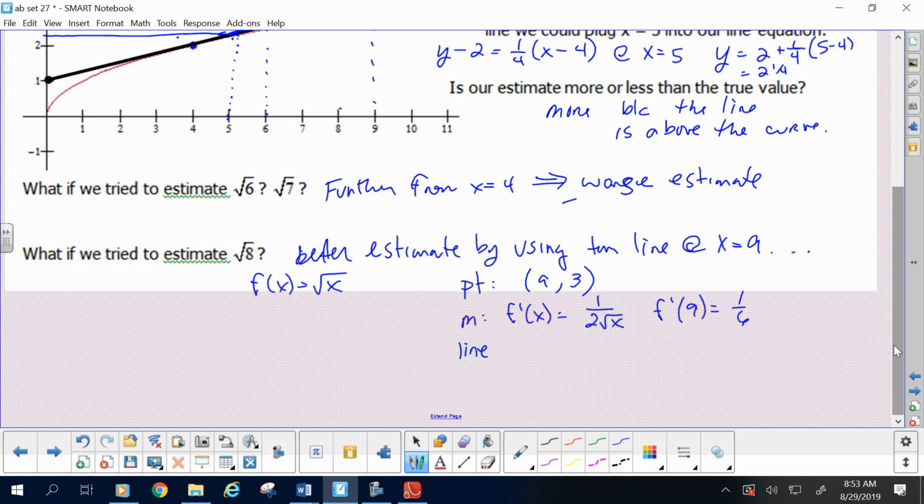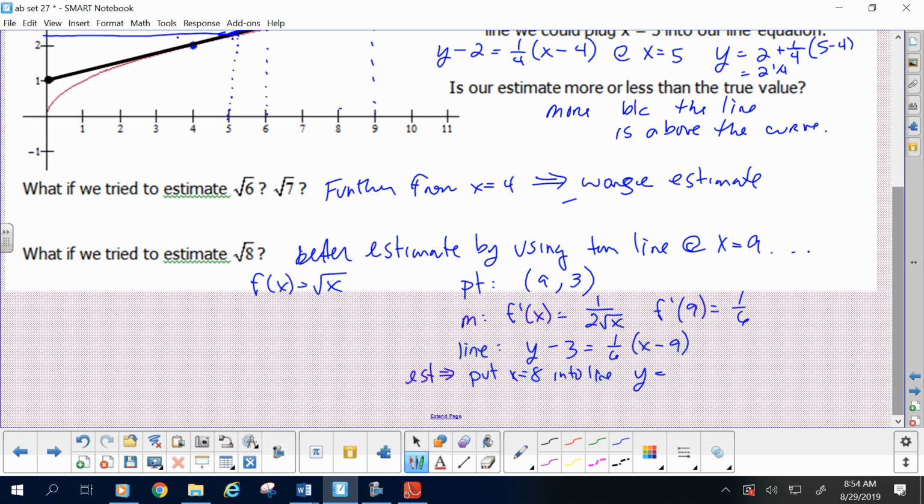So what's the tangent line equation? y minus 3 equals 1/6 (x minus 9). Now if we use that to estimate, then what do I put in? I want to estimate what the square root of 8 is. So what do I do? I put x equal 8 into the line.